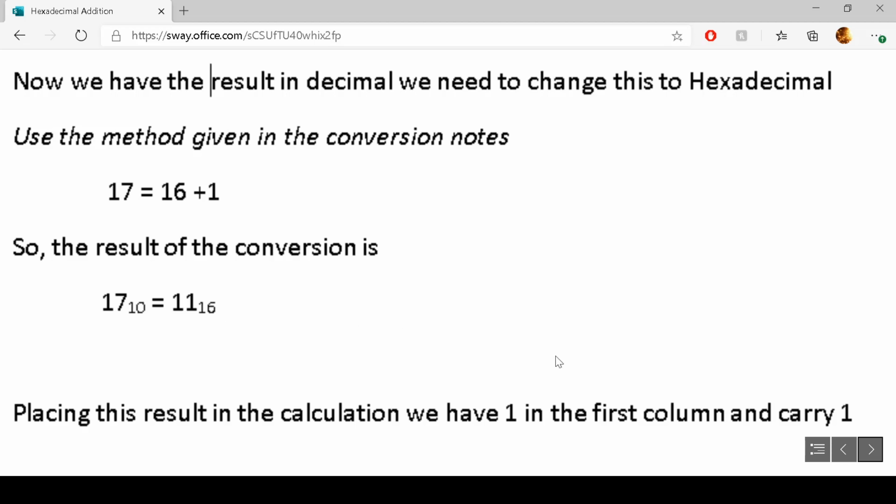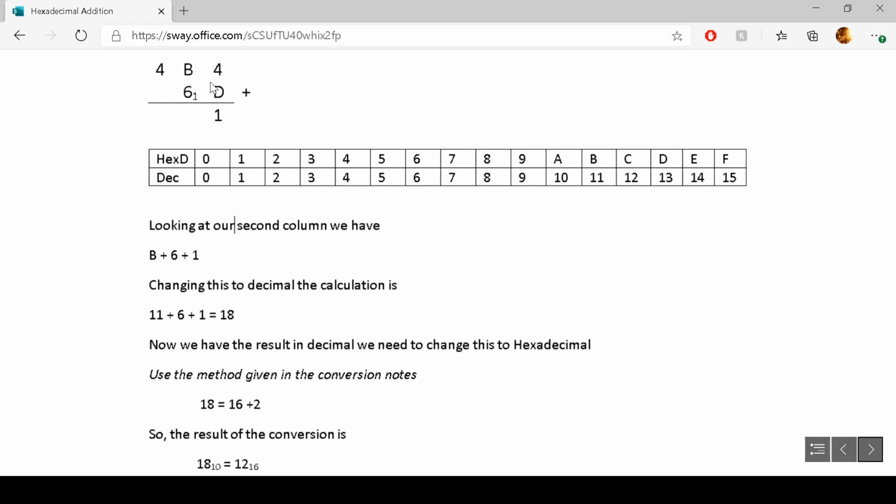Okay, so the result of this calculation would be placing 1 in the answer section and carrying 1. So we'll move on to our second column, and here we have B plus 6 plus 1. So B is 11 plus 6 plus 1, so our result here is 18. So 18 is too big for our column.